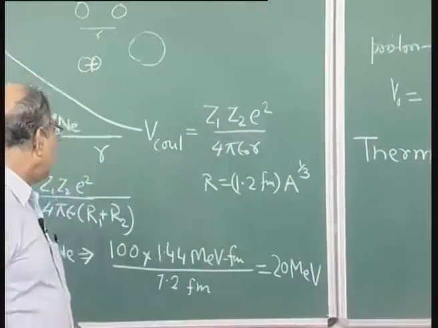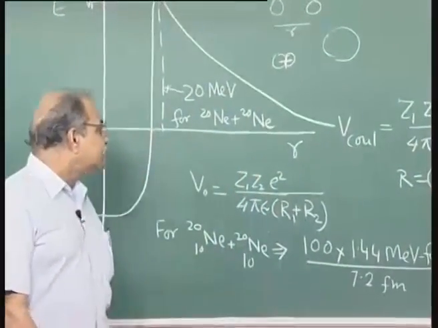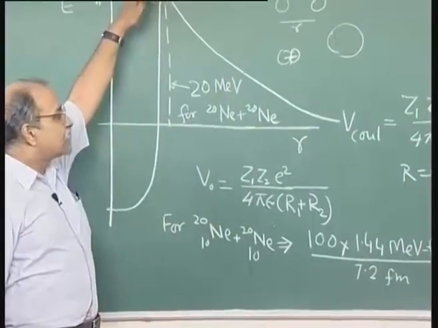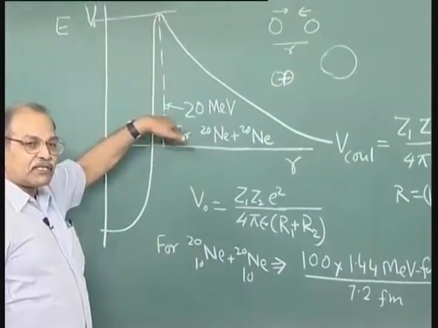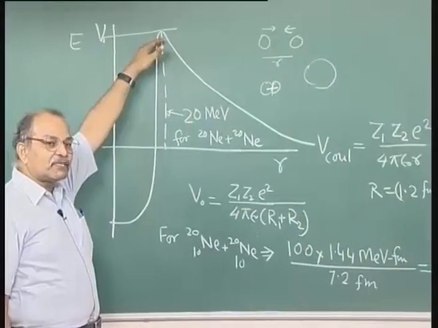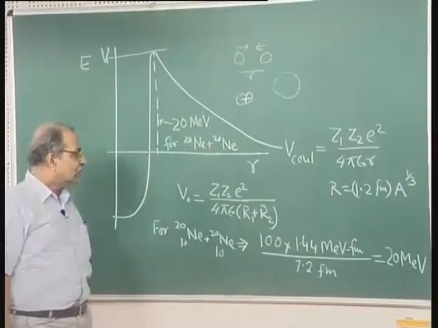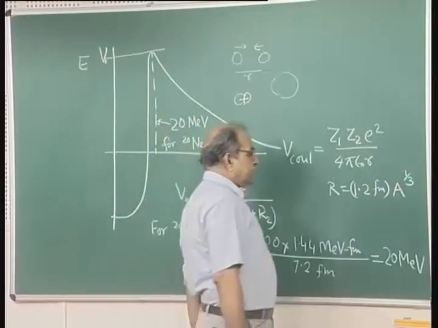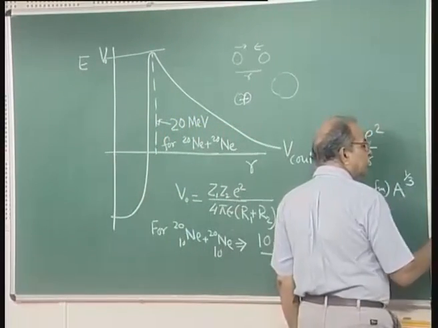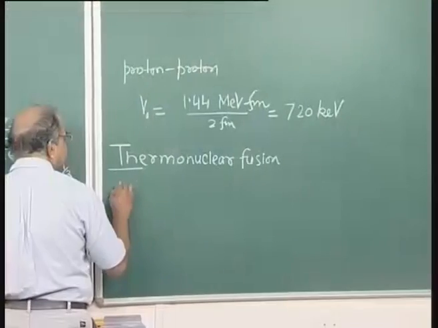So, let us see what kind of temperatures are needed if we have to get some significant barrier penetration probability, what kind of temperatures will be needed. So, let us look at that, and let us start with room temperature.